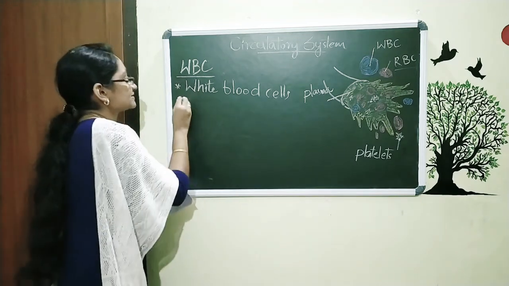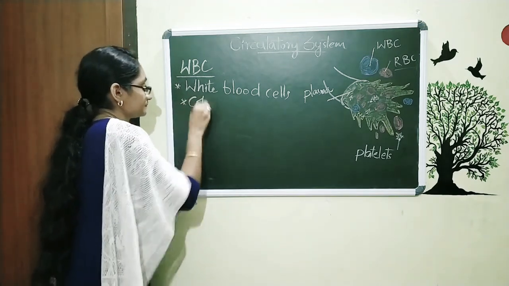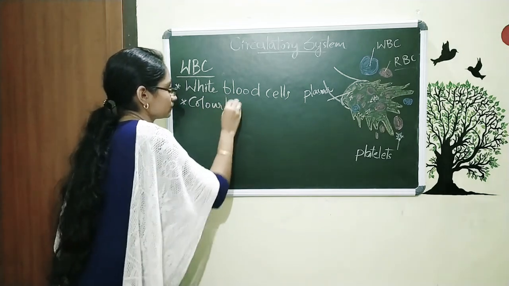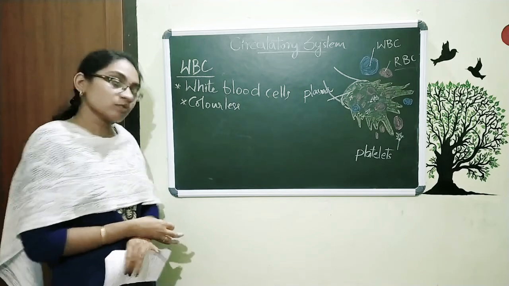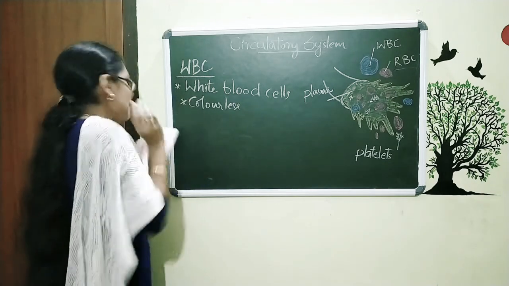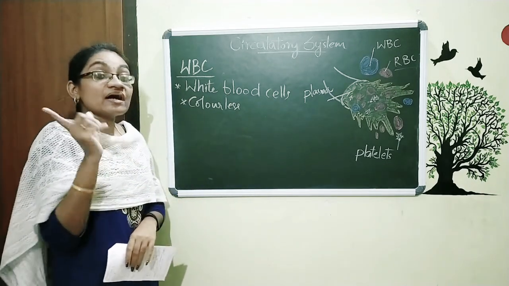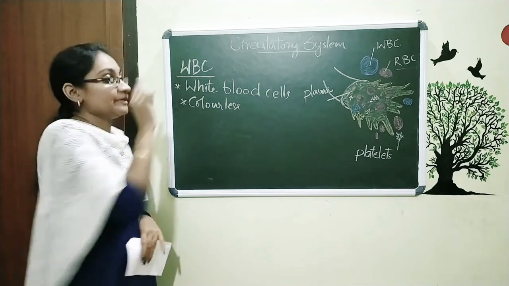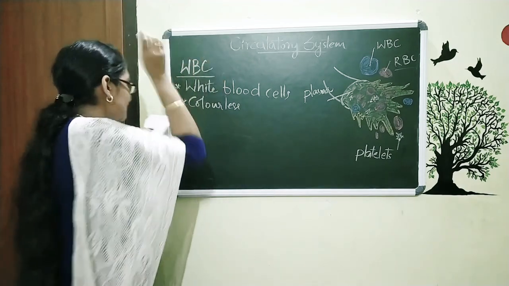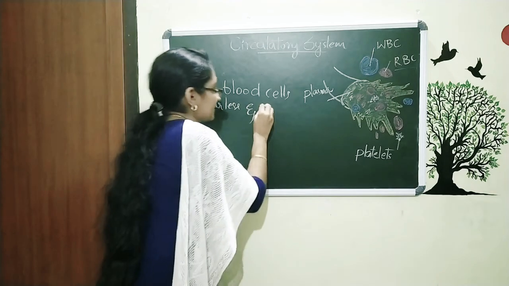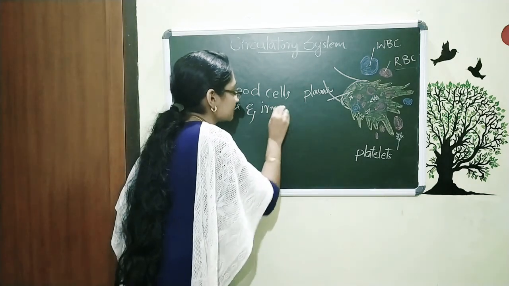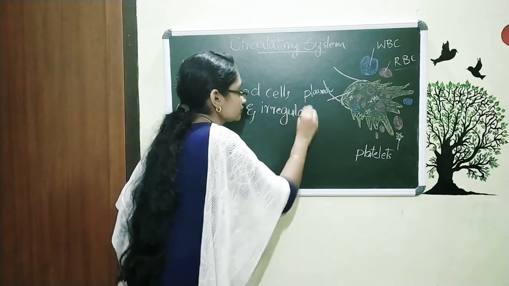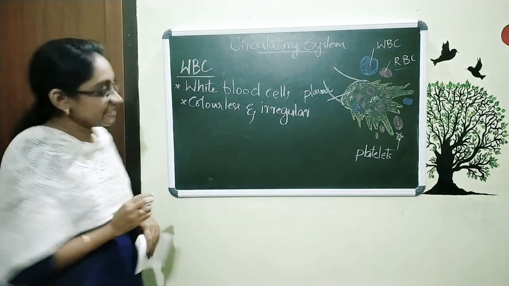These white blood cells are colorless, so that's why WBC have no hemoglobin. We said that the RBC are in disc shape, but WBC is irregular in shape, which means it has no proper shape.